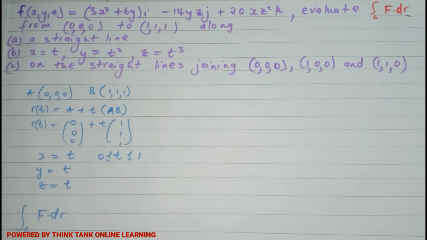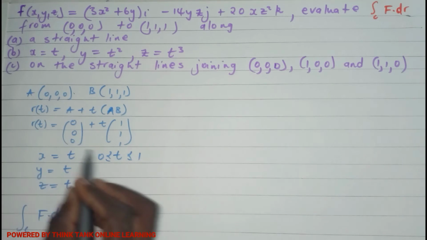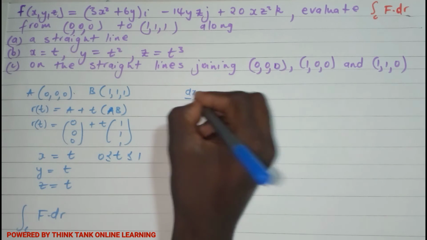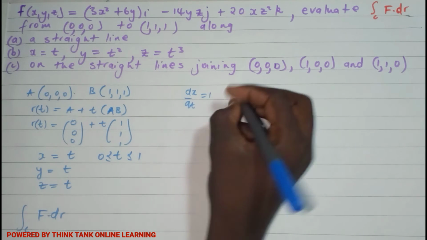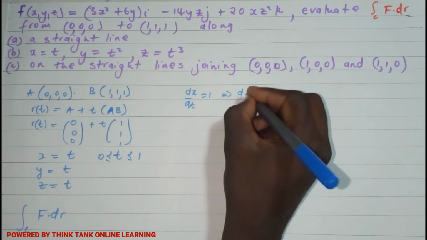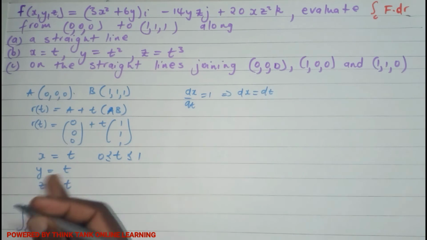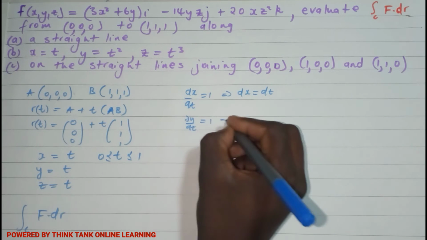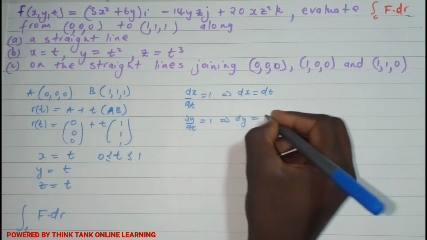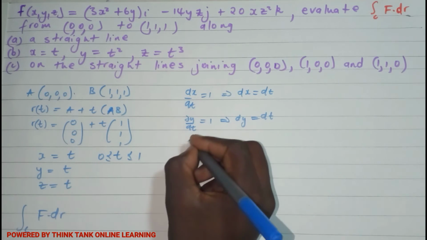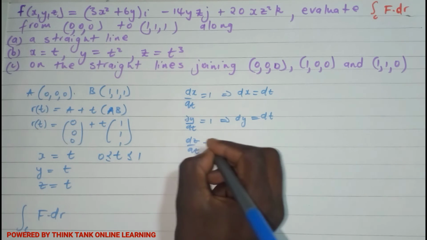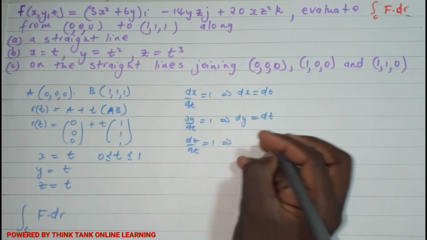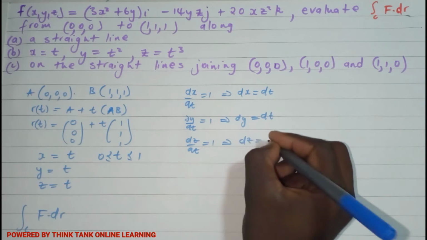From the first equation, dx/dt is equal to 1, so dx is equal to dt. For the second one, dy/dt is equal to 1, so dy is equal to dt. And for the third, dz/dt is equal to 1, so dz is equal to dt.